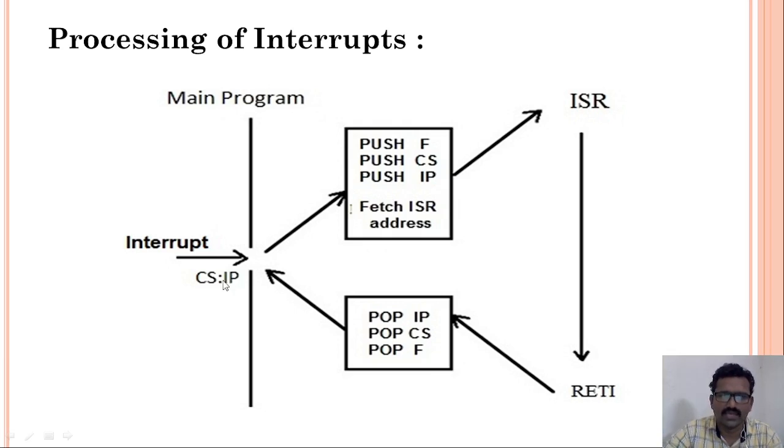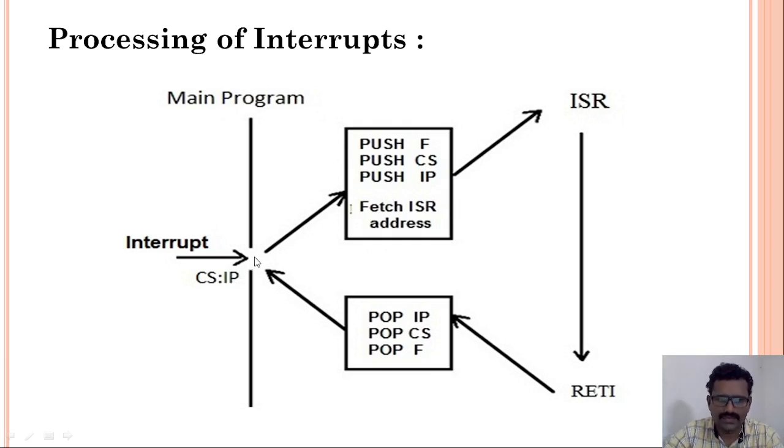The code segment register points to the base of the code segment, and IP points to the particular memory location in it. When the interrupt occurs, the address of the instruction is stored in the CS register and the instruction pointer register.